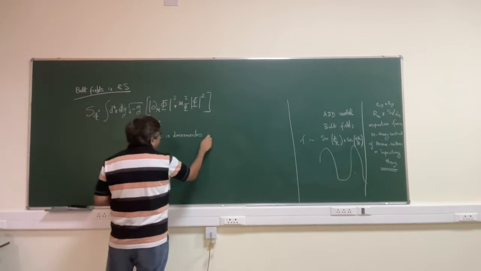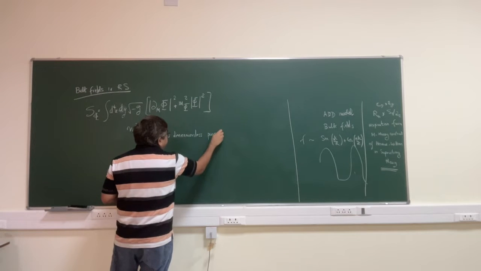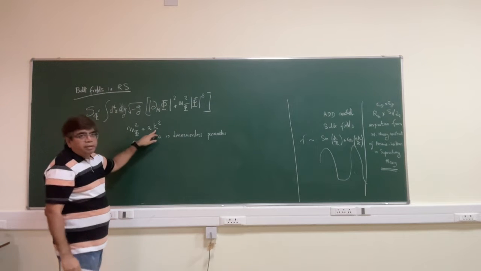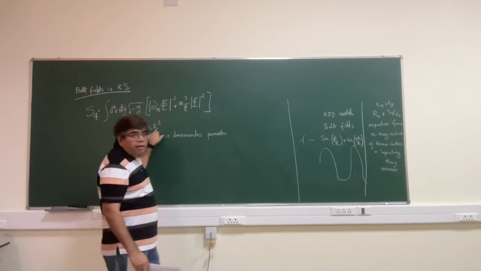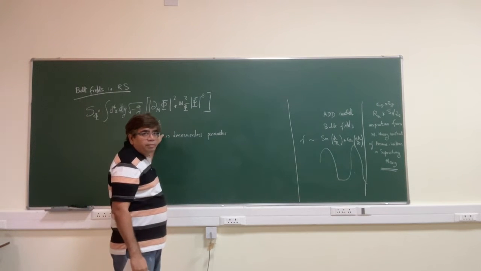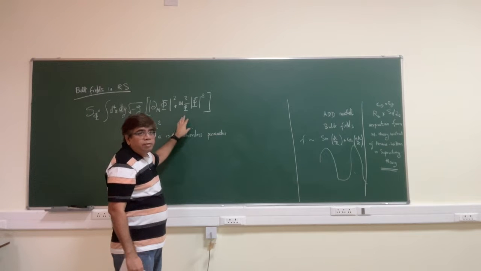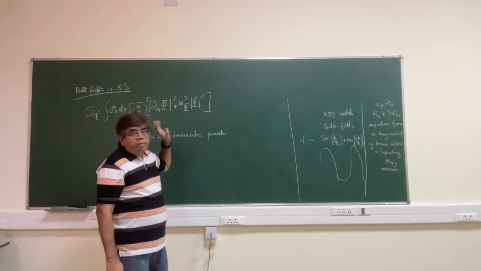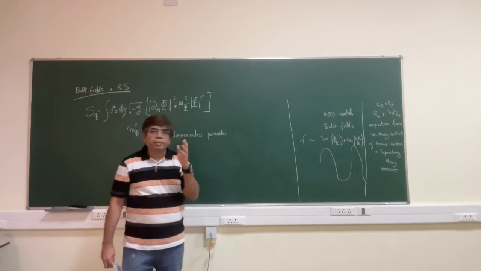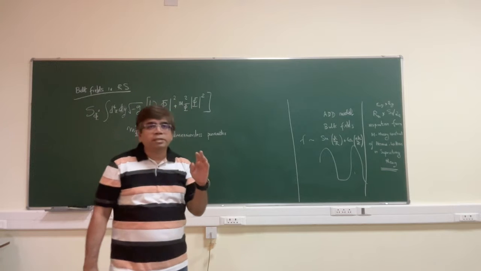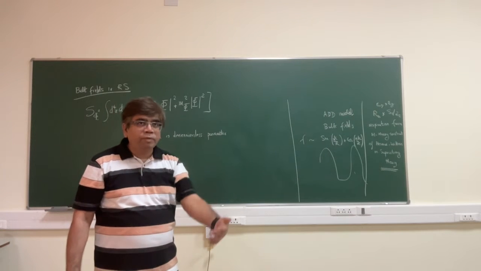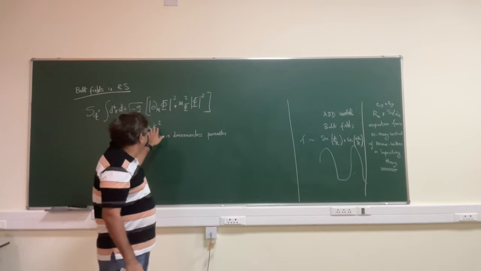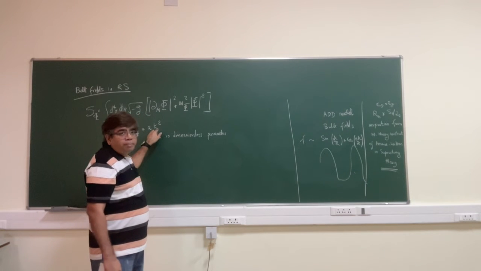A is a dimensionless parameter which tells you the relation with k, the warp factor. We re-express the bulk mass terms always in terms of the warp factor, because we want to say how big it is with respect to it. The basic idea is that if you consider an effective field theory, even RS as an effective field theory, these mass terms cannot be more than the Planck mass scale.